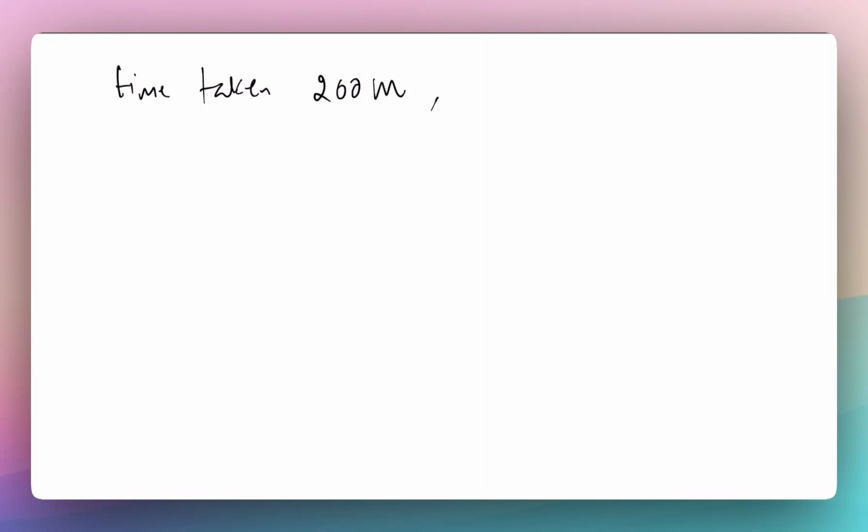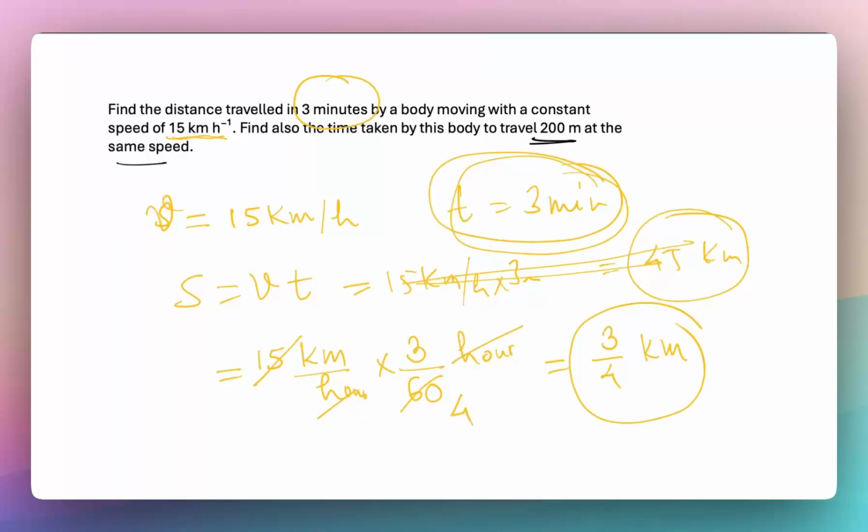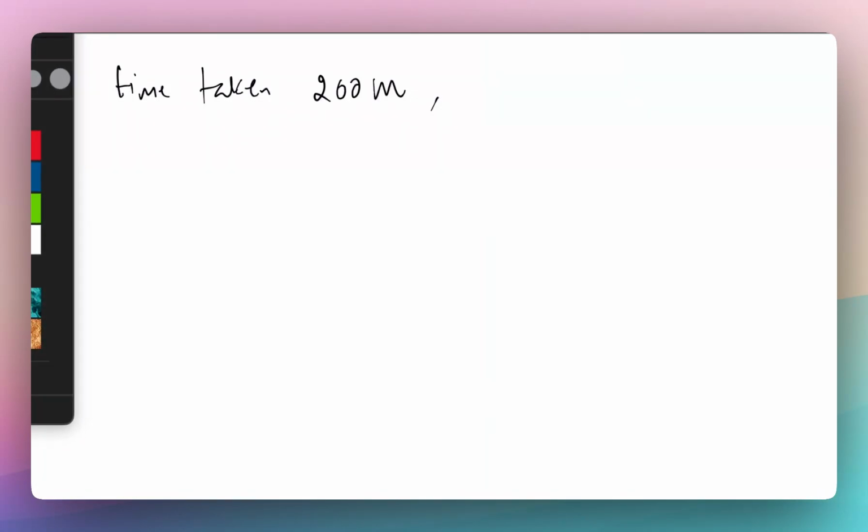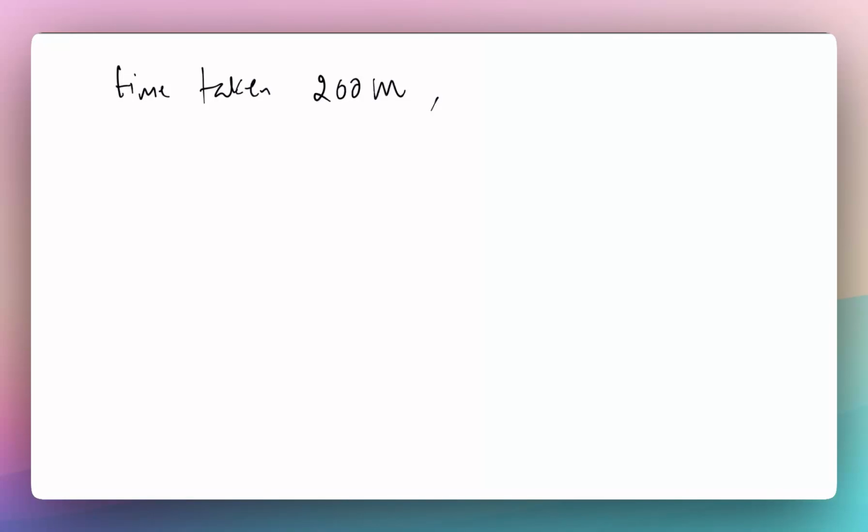And the speed, go back and check, is 15 kilometers per hour.